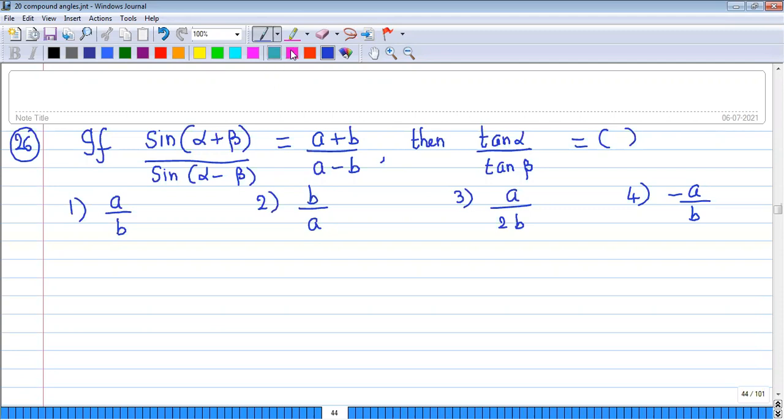Right. First, let me give some concept of proportion.